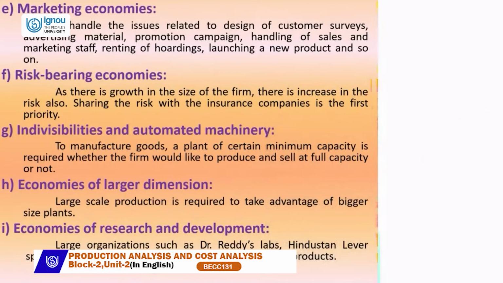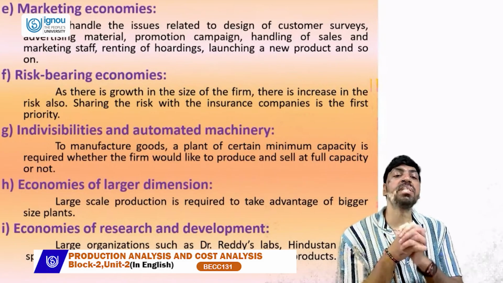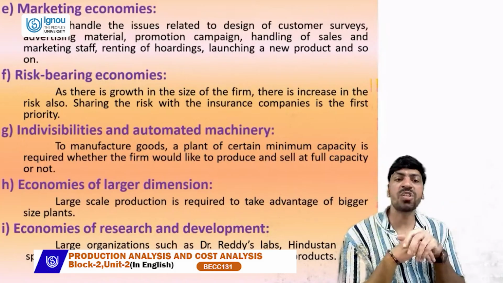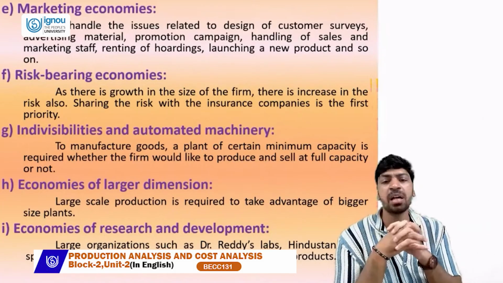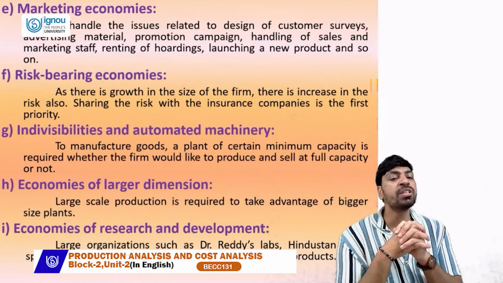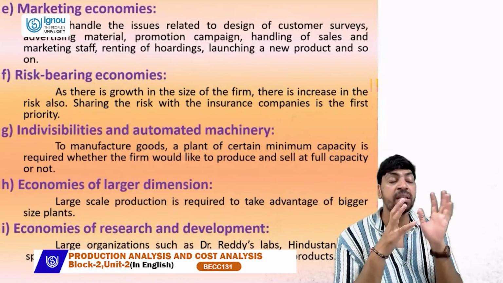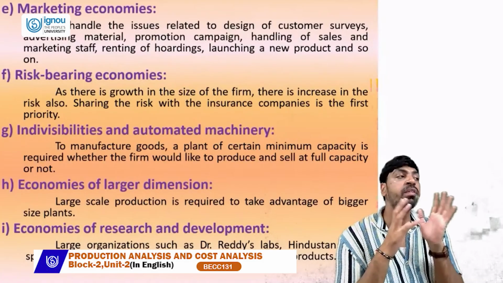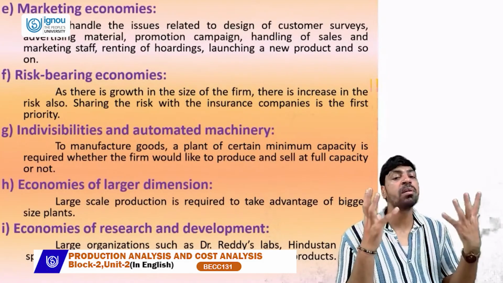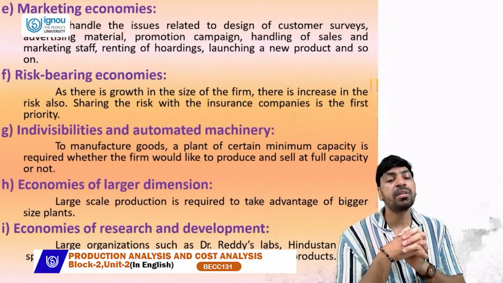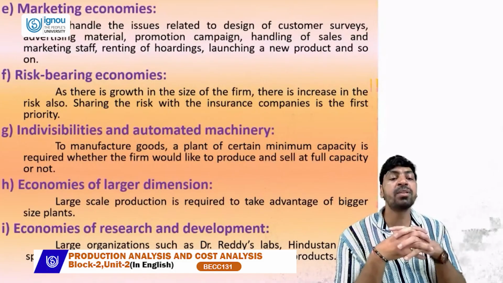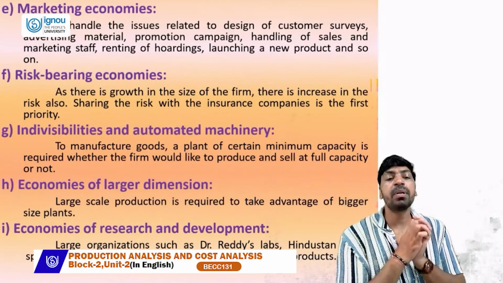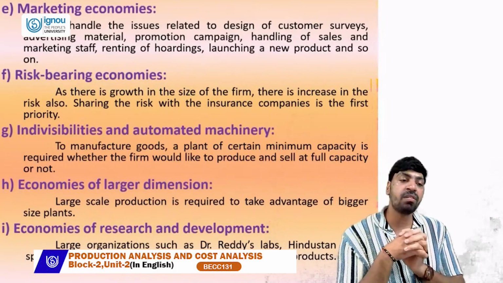The next one is indivisibilities and automated machinery. When you manufacture any kind of product, of course, plant and machinery will be required. Whether such firms will be able to produce or sell at full capacity or not is one of the issues to focus upon, and accordingly it would be covered over a period of time.